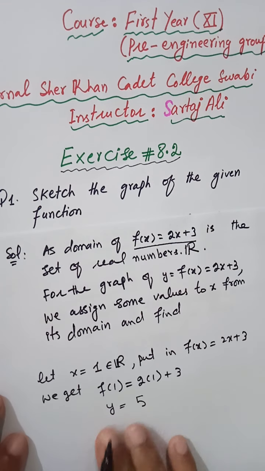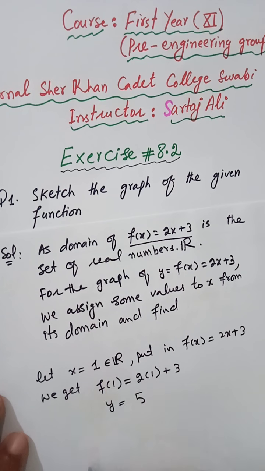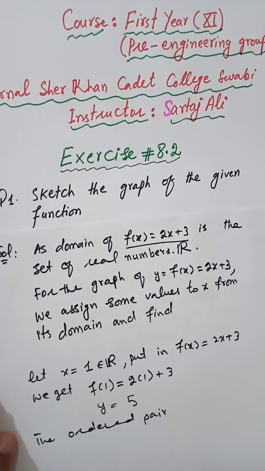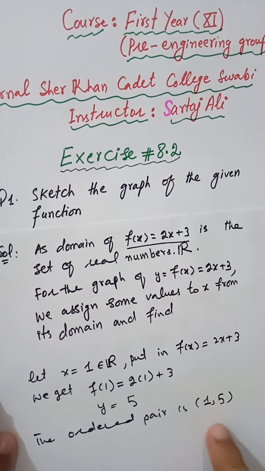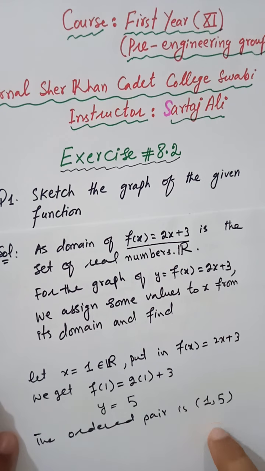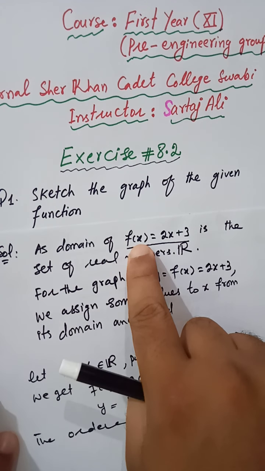So the ordered pair that you get here is (1, 5). So actually this (1, 5) ordered pair is a point in a plane, and that is such a point from which the graph of this function will pass, meaning from which the straight line will pass, which is actually the graph of this function.